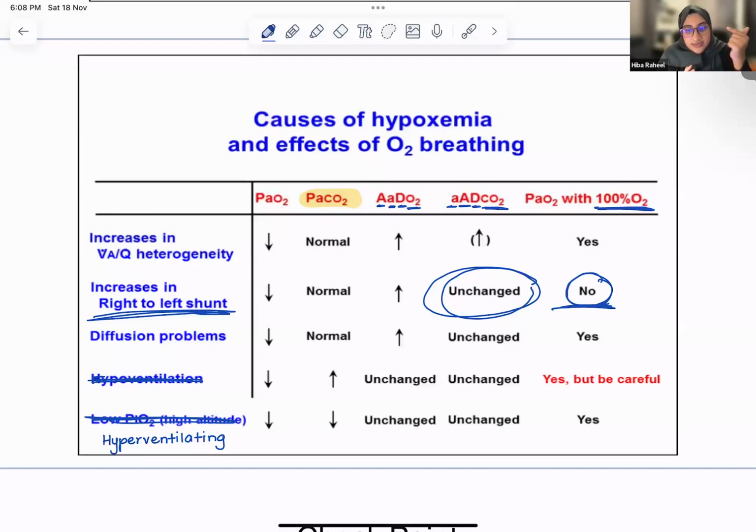If you paid attention in today's lecture, the doctor mentioned it: we use diffusion capacity for carbon monoxide. If the carbon monoxide diffusion capacity is normal, this is a VQ mismatch. If it's less than normal, this is a diffusion problem. Clear?